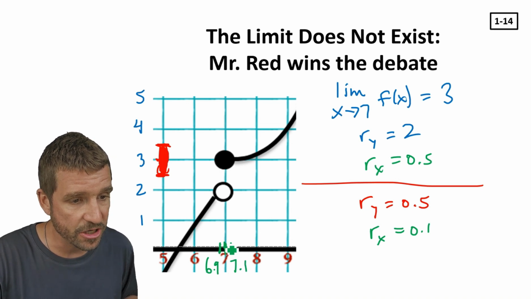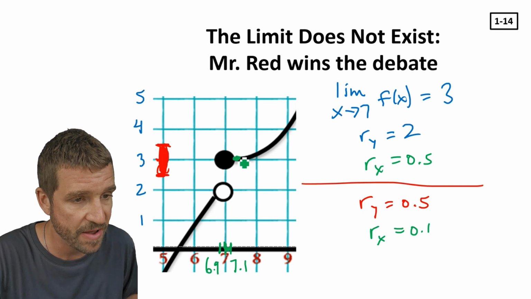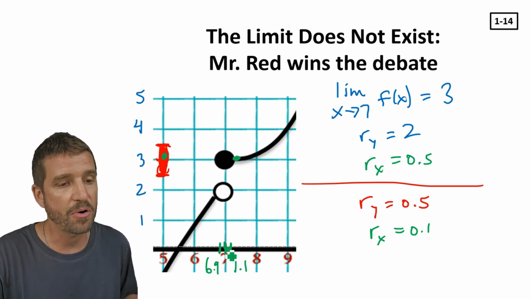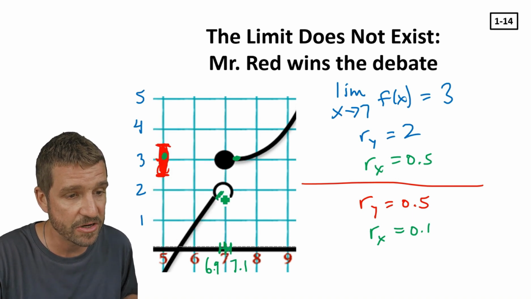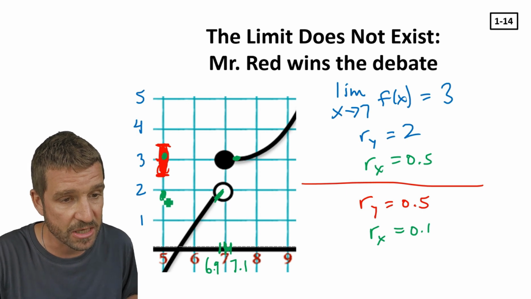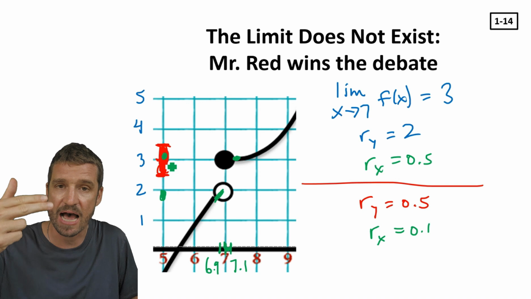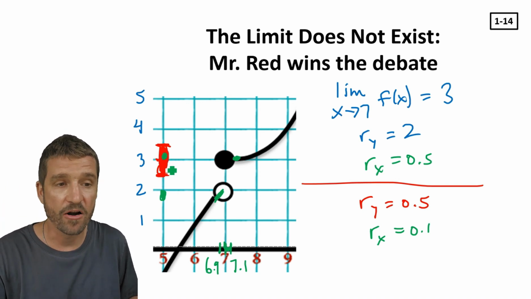On the right side, you're going to be okay, right? So from 7 to 7.1, we're corresponding with these values. And that's not a problem, right? That's these values here. The problem is from 6.9 to 7. 6.9 to 7 corresponds with these y values. These y values lie from, I don't know, 1.9 to 2, which are outside of this r sub y.